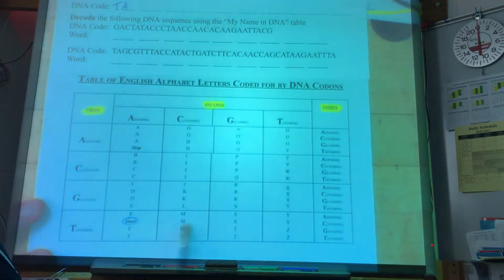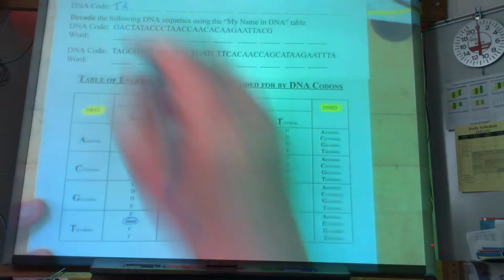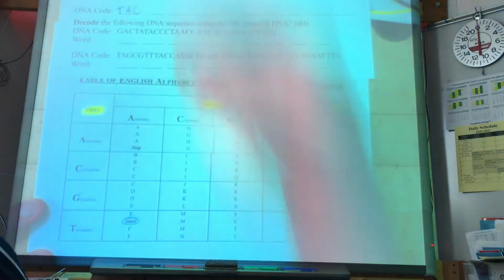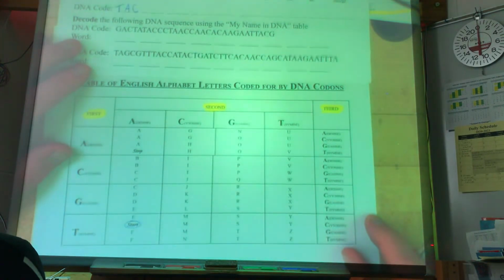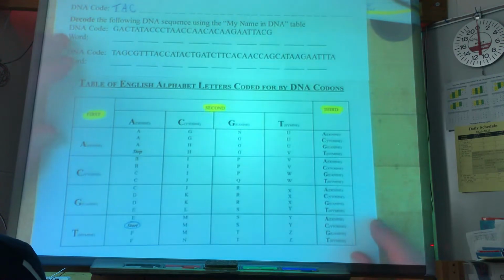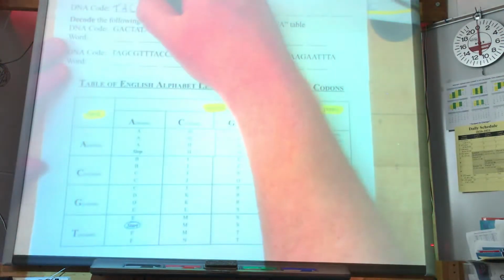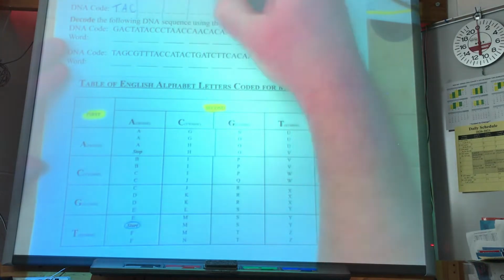Third, I go straight across. What's my third? C. So TAC is referred to as, for us, this is coding off of DNA. There are lots of different tables out there that we can code off DNA, mRNA, tRNA, all these different things. This one's off DNA. But it's a start codon. Our start codon for this activity is a TAC. We need a TAC in order to start coding.